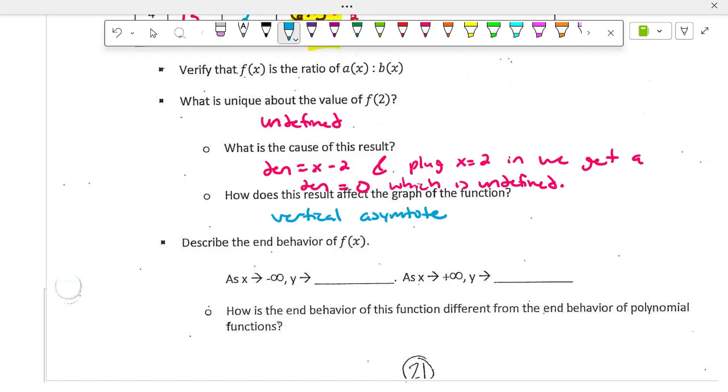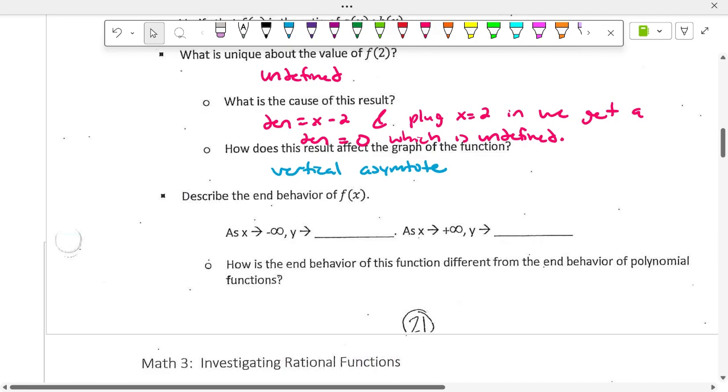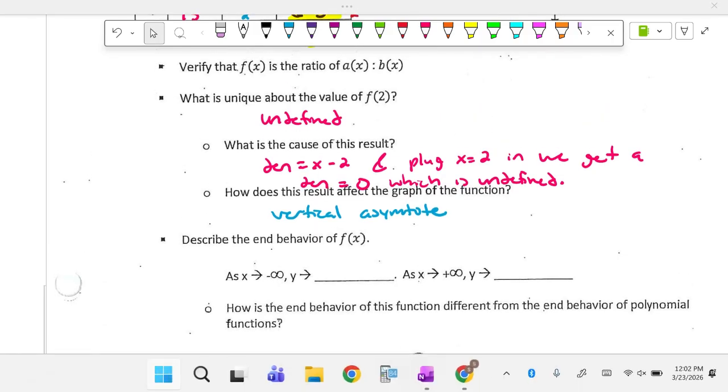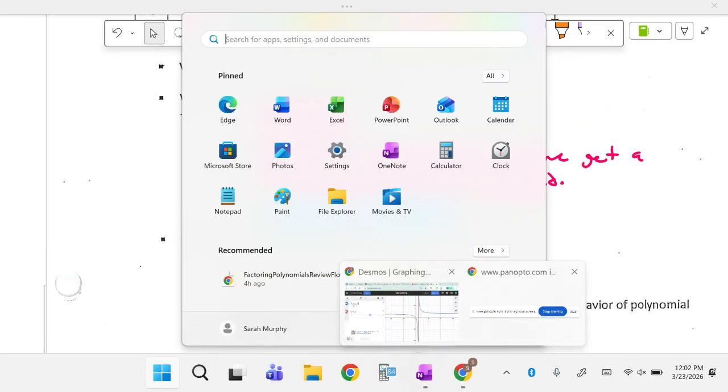So if we're talking about end behavior of f of x, remember that's when we're looking at the tails.